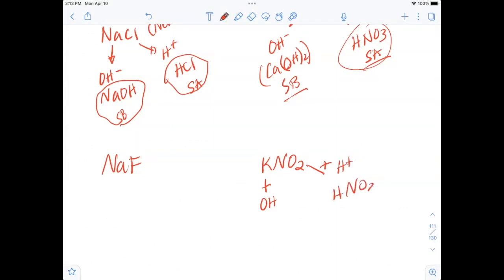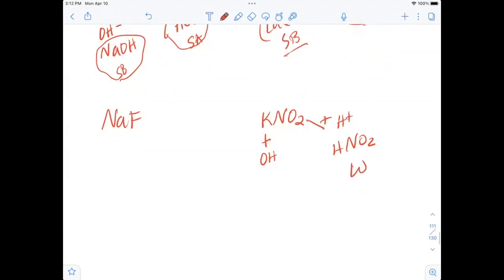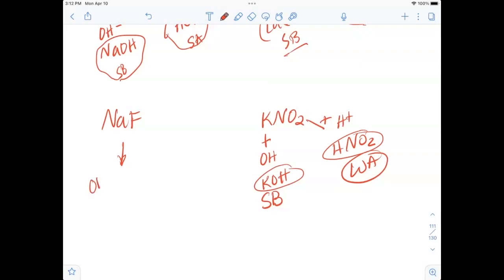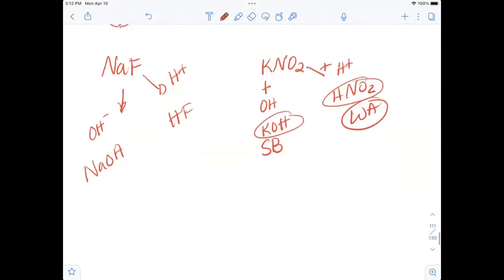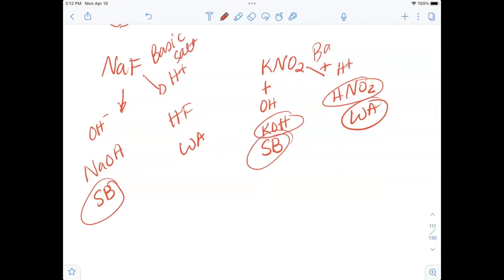You end up with HNO2, not HNO3. This is a weak acid, right? This is a strong base, KOH. And over here, add OH, add H plus. You end up with HF and NaOH. This one ends up being a strong base, weak acid. Since the strong part is the base, it's going to be a basic salt. This is a basic salt. Once again, the strong parent dominates. Okay?